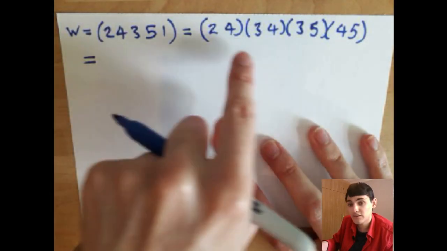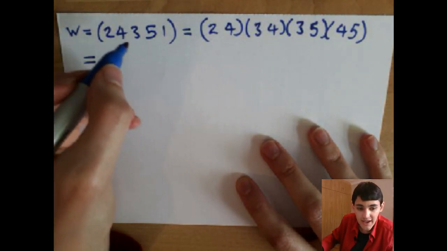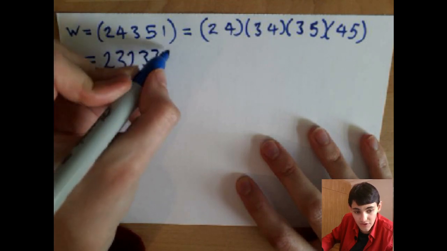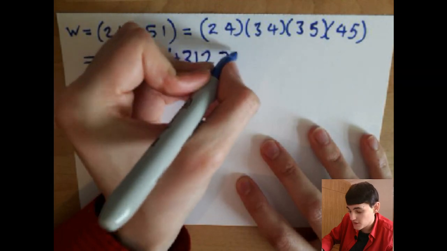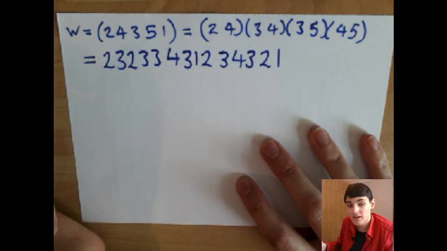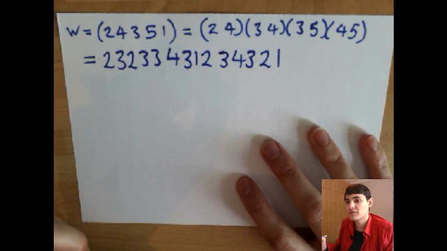Then changing these as appropriate into generators, we get 2, 3, 2, 3, 3, 4, 3, 1, 2, 3, 4, 3, 2, 1.